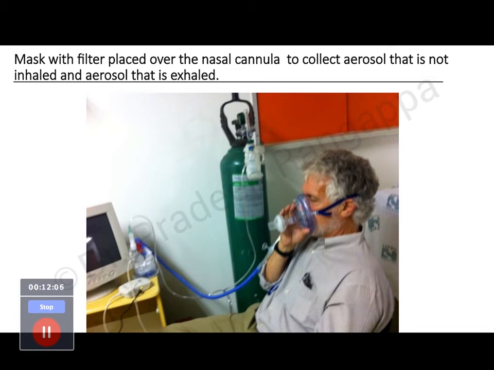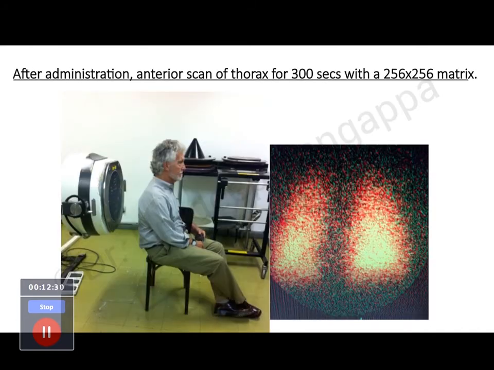Then the same group did this study where they connected HFNC to a mask with a filter, and as you see there is a filter here. The reason for having that filter is to not allow the aerosols to escape. So basically uninhaled aerosol sits in that mask and gets recirculated, and the exhaled aerosols also sit there, just to see if that improves the effectiveness.